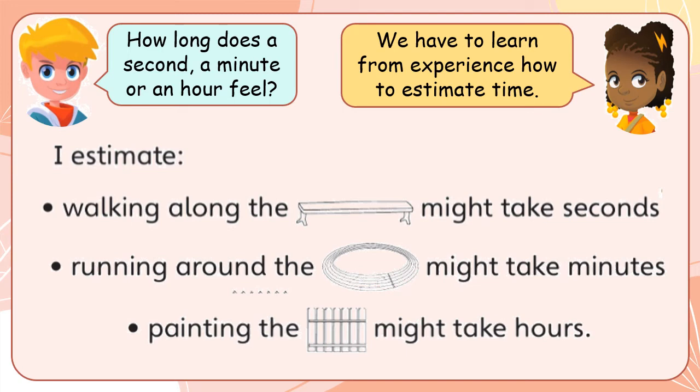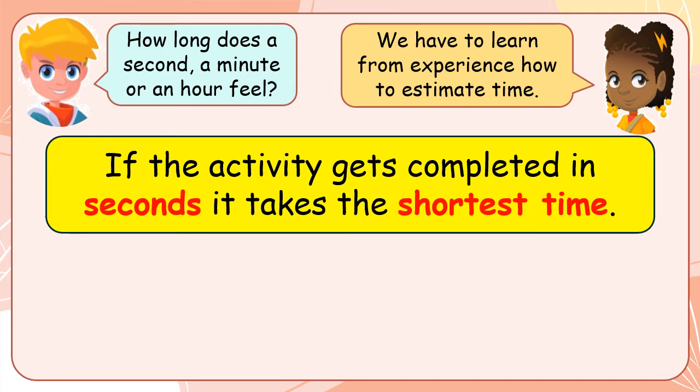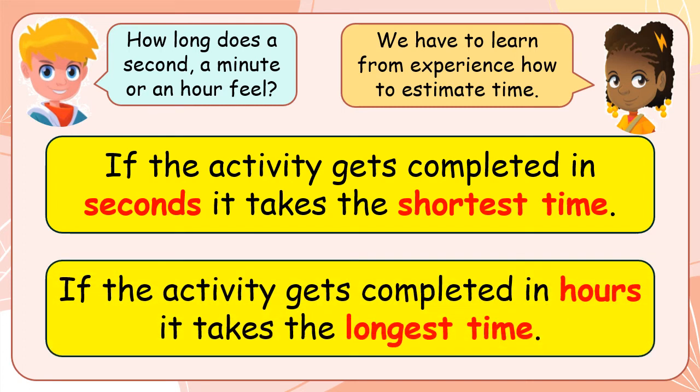And you are correct. It's painting the fence because it takes hours to do this activity. Remember, children, if the activity gets completed in seconds, it takes the shortest time. And if the activity gets completed in hours, it takes the longest time.